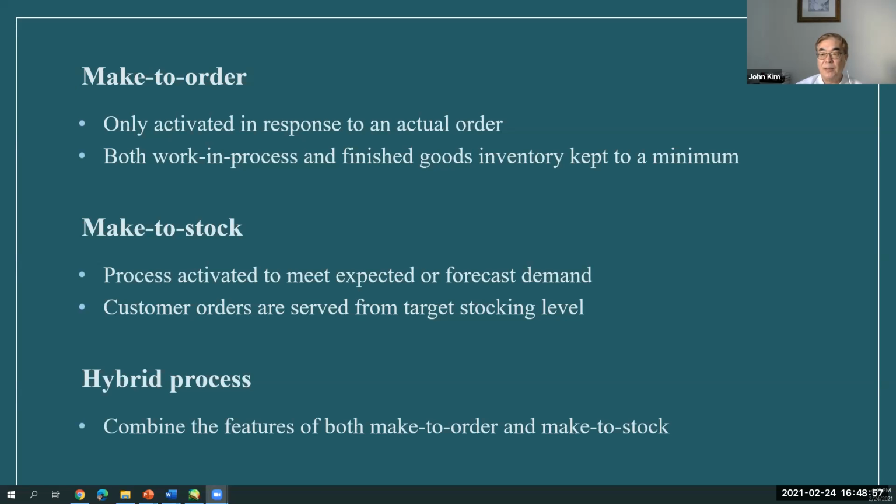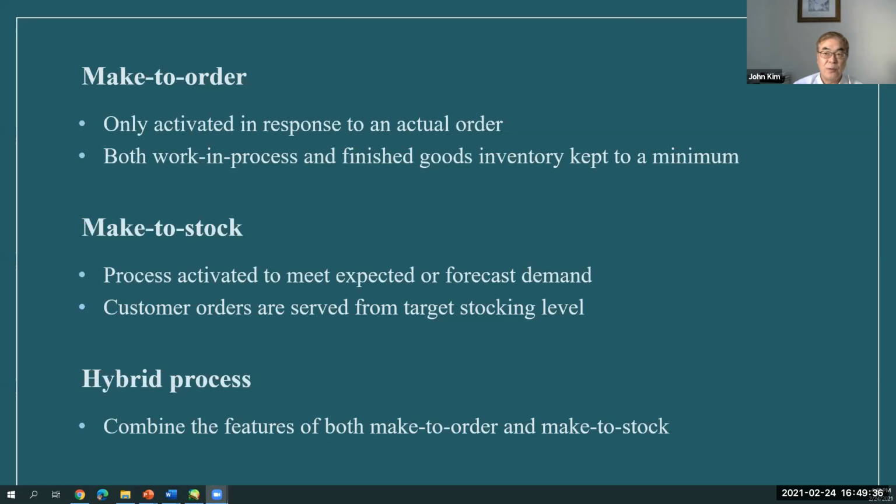Hybrid process combines the features of both make to order and make to stock process or system. You know, when we go to McDonald's at a not busy time, maybe there is not much French fry, and the hamburger is not made already. But at busy time when we go, they just make the French fry there and so on.